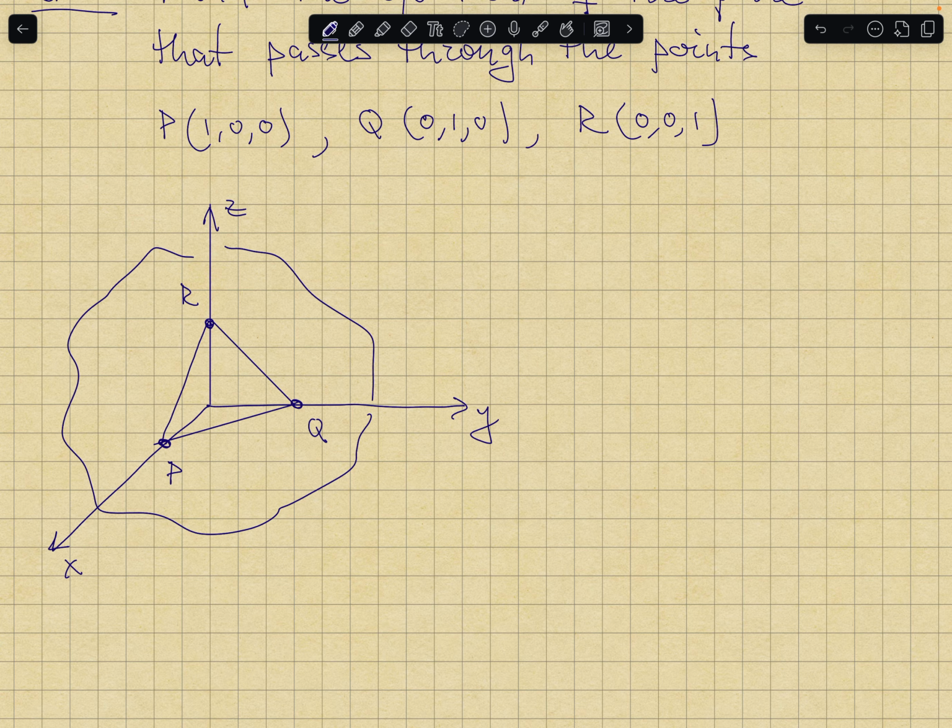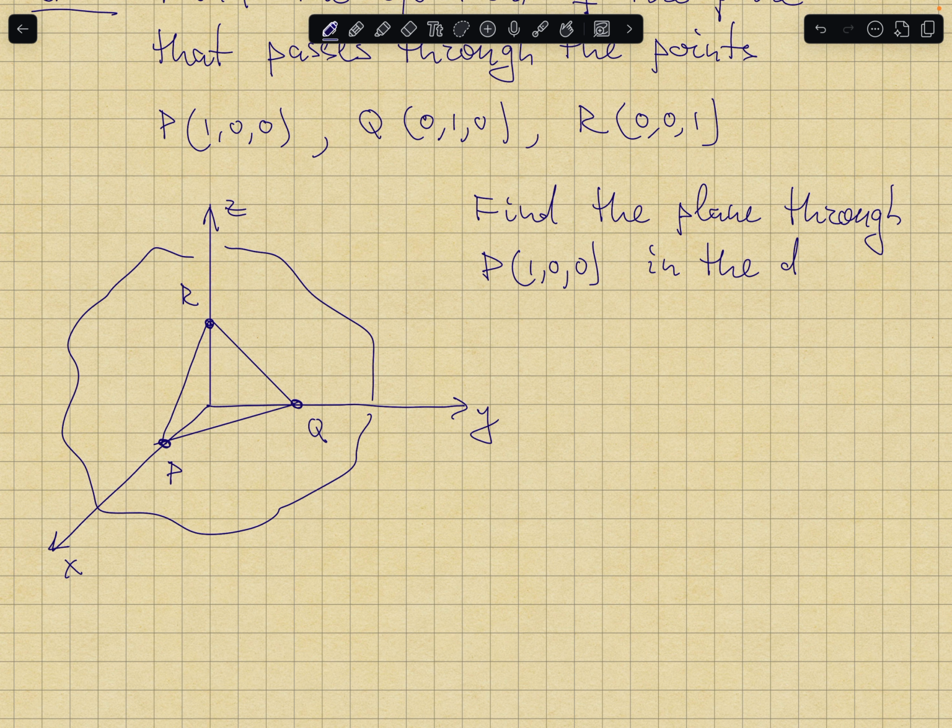And I need a vector perpendicular to the plane, and I need to know a point on the plane. So I have 3 points, so that means that I want to find the plane, let's say, through P, which is going to have coordinates 1, 0, 0, in the direction, or perpendicular, to some vector v.